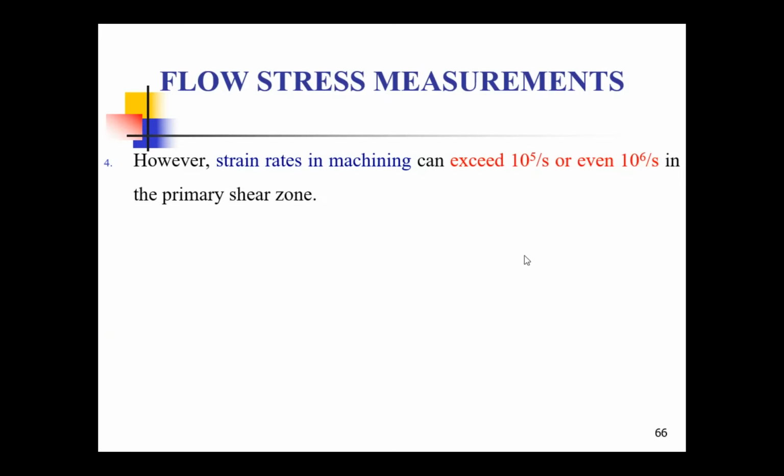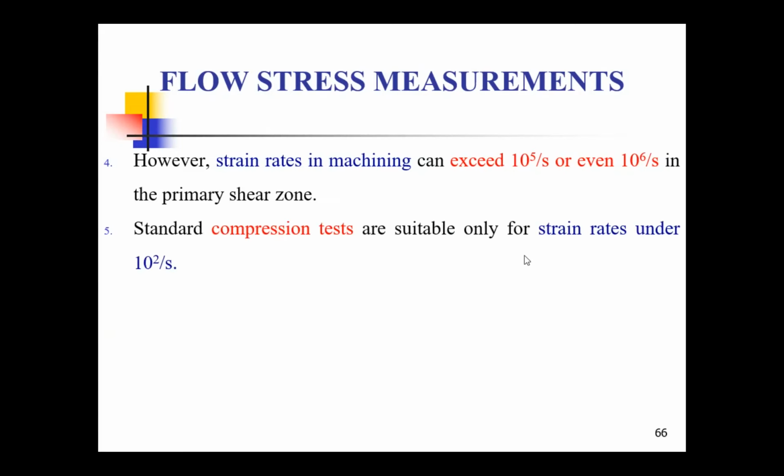So these are high strain rates. In the initial slides itself, we have seen that in small regions at the high speeds, higher stress and strains occur. But in the case of tensile and compression tests, the strain rates will be under 10 to the power 2 per second. So an exact amount of material behavior, an exact amount of strain, cannot be included in the study.